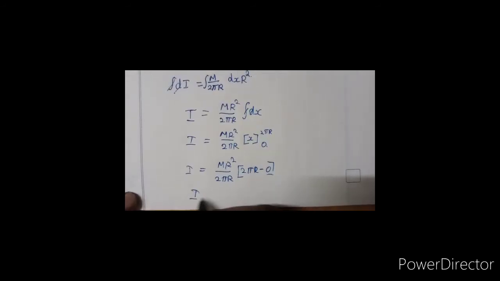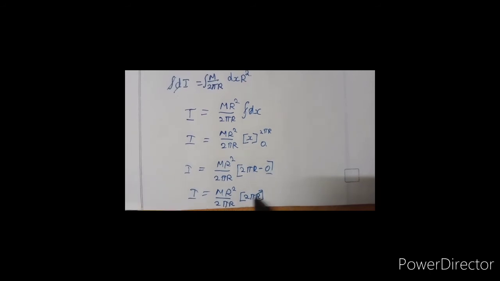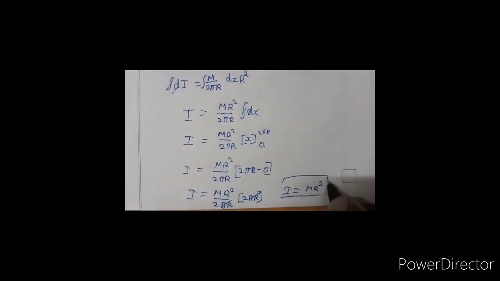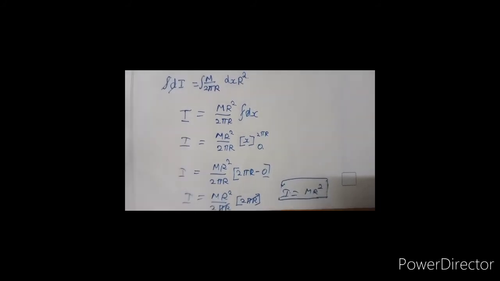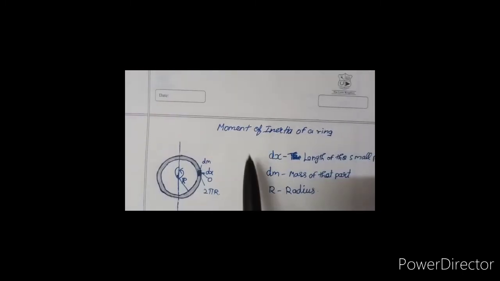Again, m r square by 2 pi r times 2 pi r. Now we can cancel these both, and our formula finally is m r square. This is the derivation for the moment of inertia of a ring.